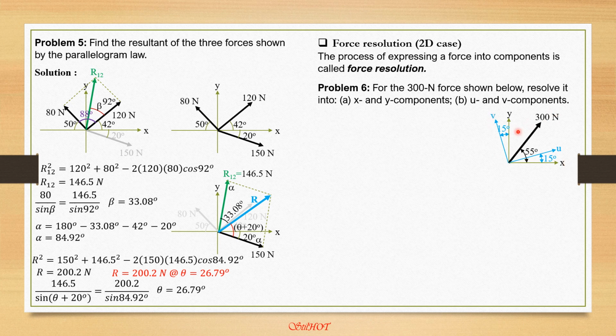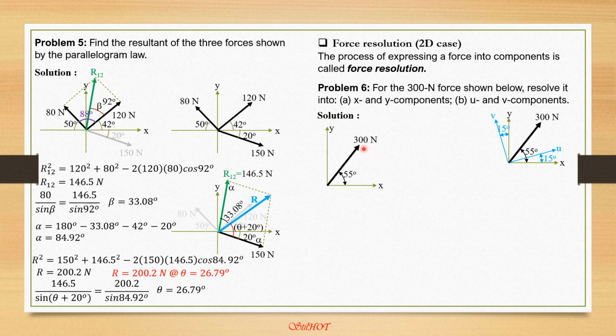There are so many ways to resolve this force into its u and v components. For the meantime, let's just use the parallelogram law, or let's form triangles here. So from the tip of the force, we draw lines parallel to the u and the v axis to form a parallelogram.